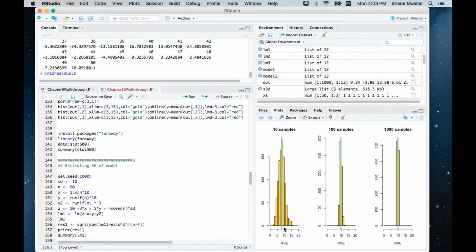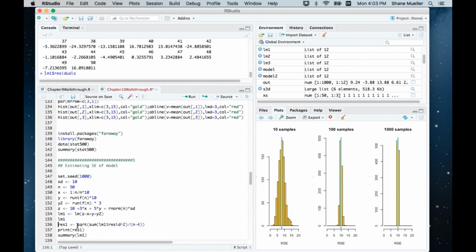Instead of taking the mean square residuals, we saw here that these looked slightly biased, as if I just collected 10 samples, it would be on average less than 10. If it's 100, it ends up being close to 10, and if it's 1,000, it ends up being really close to 10. But part of this bias comes from having additional degrees of freedom, since I'm estimating other parameters.